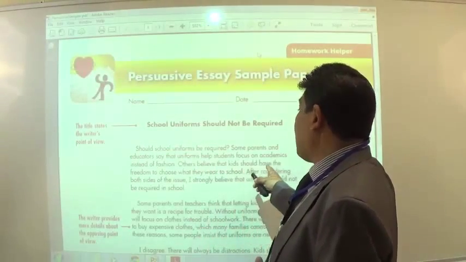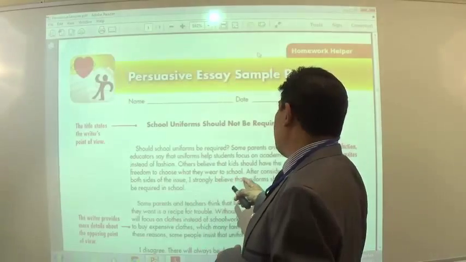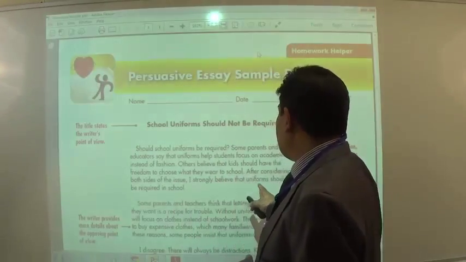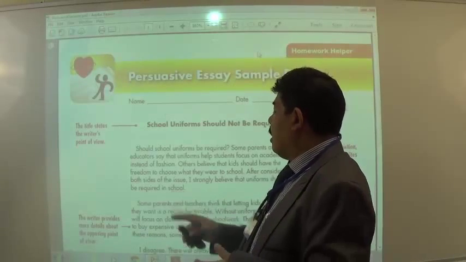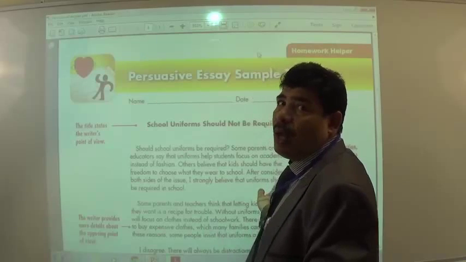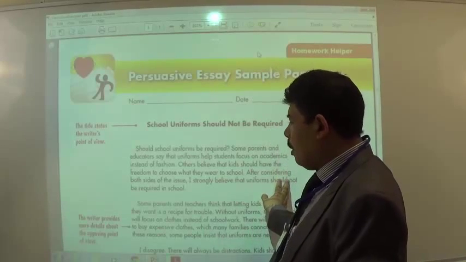"Others believe that kids should have the freedom to choose what they wear to school. After considering both sides, I strongly believe that uniforms should not be required." So you can just write your idea, what side you are with.